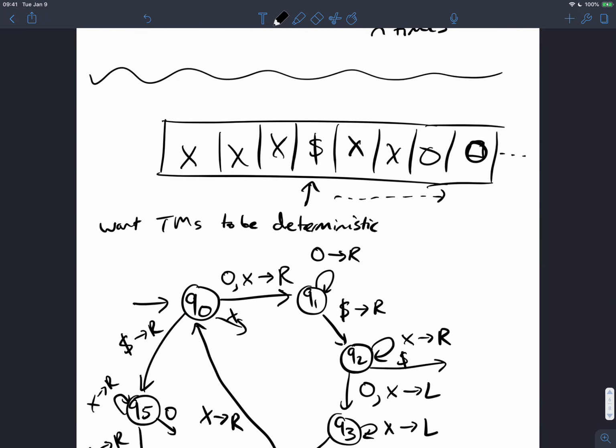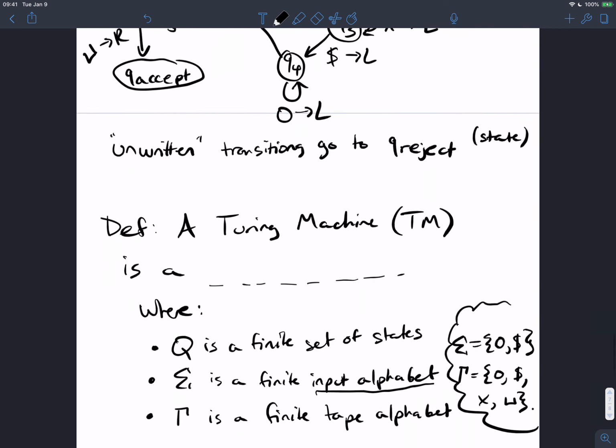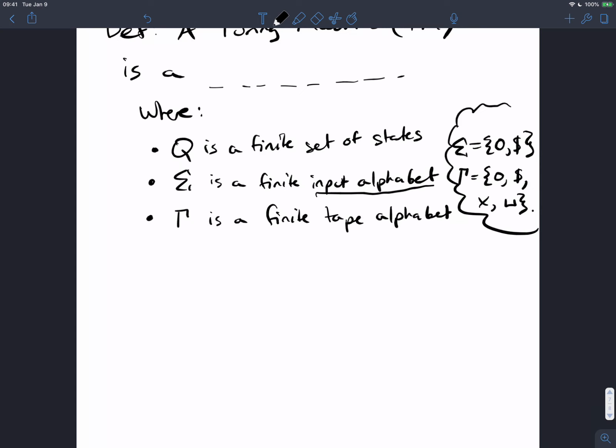So let's just say I do allow the blank symbol in the input alphabet, and I present an input to you, and you see the entire tape is full of blanks, and you say, well, the tape is completely blank. And I tell you, no, I provided you 10 blank characters. How would you tell? Because all the blank characters are the same. So we need to say that the blank character is not in the input alphabet.